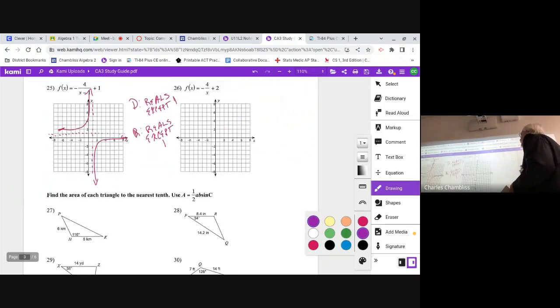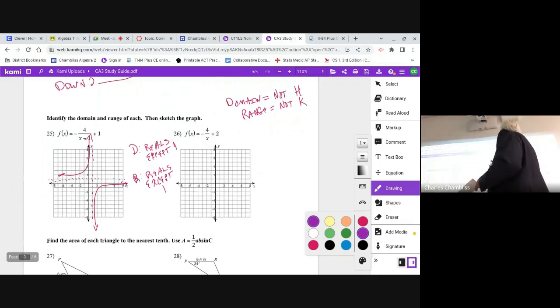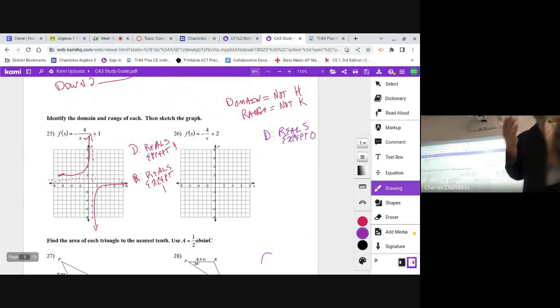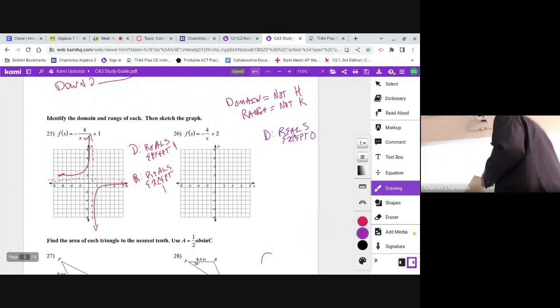All right, so here on number 26, the domain, the reals except 0. Because there is no h. When you don't see h, when it's x, just x by itself, that means it's x minus 0. The range is the reals except 2.